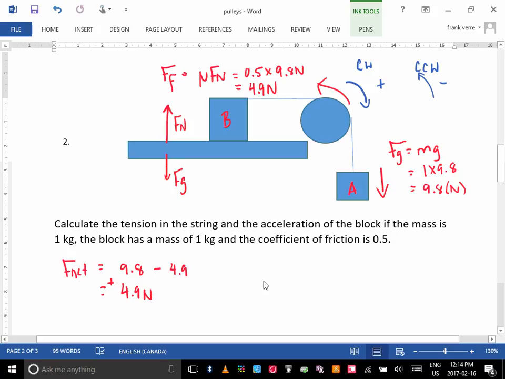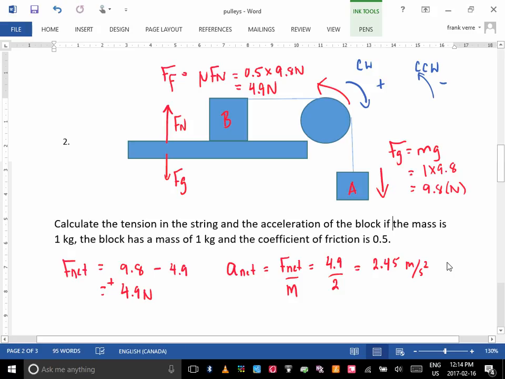The net acceleration of the system is the net force over the total mass, 4.9 over 2. You have to add the masses because they're stuck together through the string. That gives a net acceleration of about 2.45 meters per second squared.